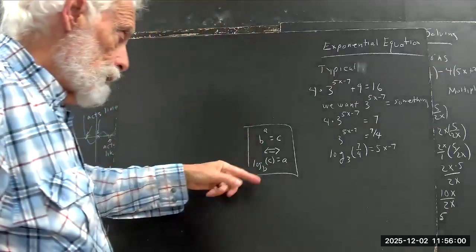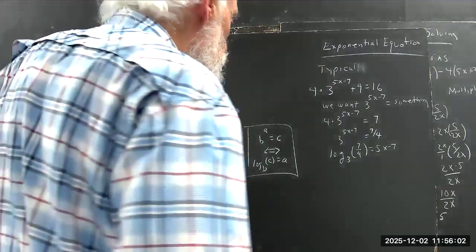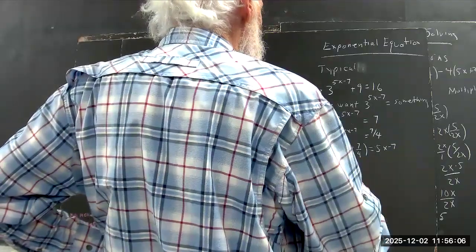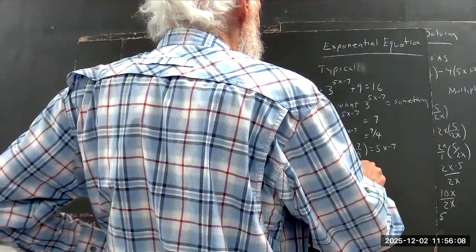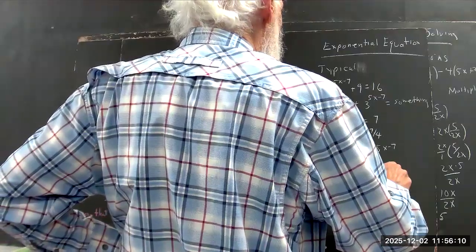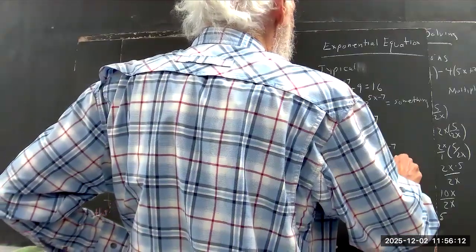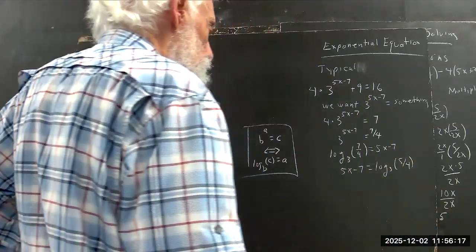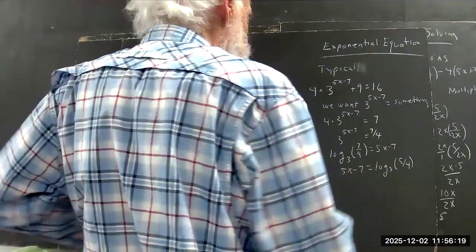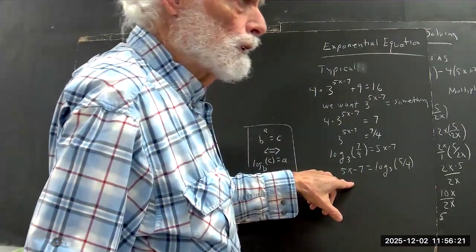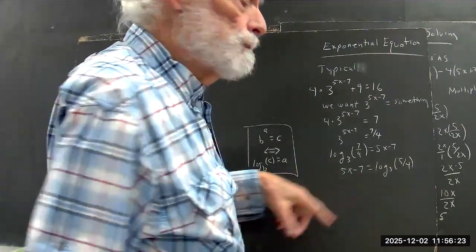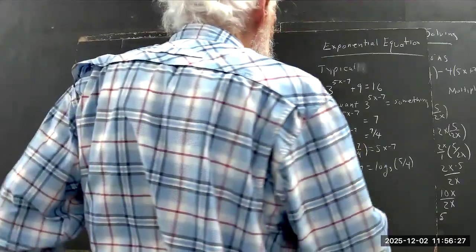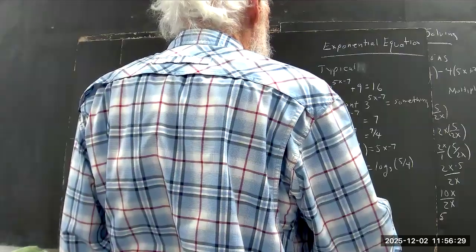Okay, so there we have it. I'm going to reverse the sides here. It's unnecessary, but I'll do it anyway. Okay, so we just like to have the x on the left side. I'm okay with it on either side. And if you leave it on the right side, that's okay.